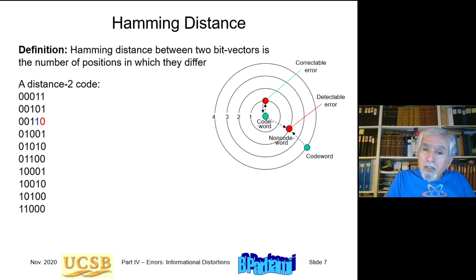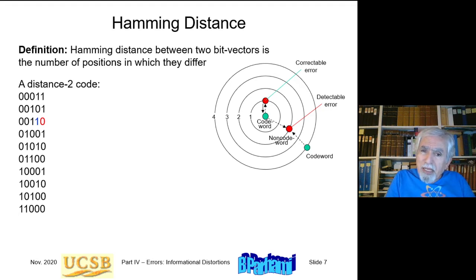So this basically explains why a single error can be detected, because if I take this correct code word and change 1 bit in that code word due to error, then I get one of the words on this circle. And none of those is a valid code word, therefore I'm able to detect that single bit error.